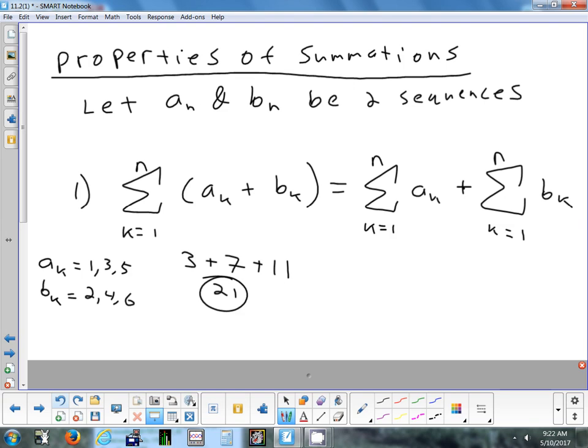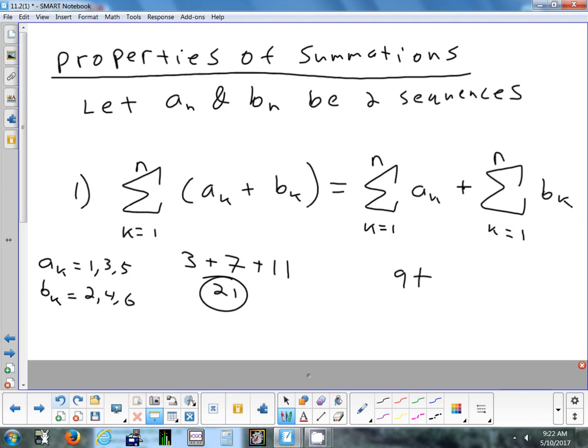Now let's do it the way on the right. The way on the right says, take all the numbers in a sub k and add those up first. 1 plus 3 plus 5. What's 1 plus 3? Plus 5? 9. Now it says, take all the numbers in b sub k. Add those up.